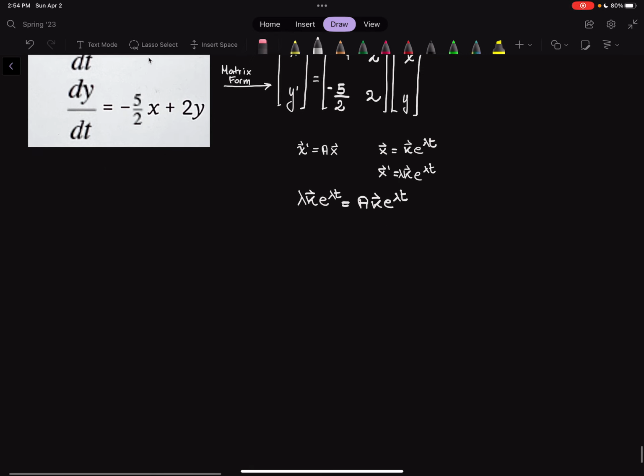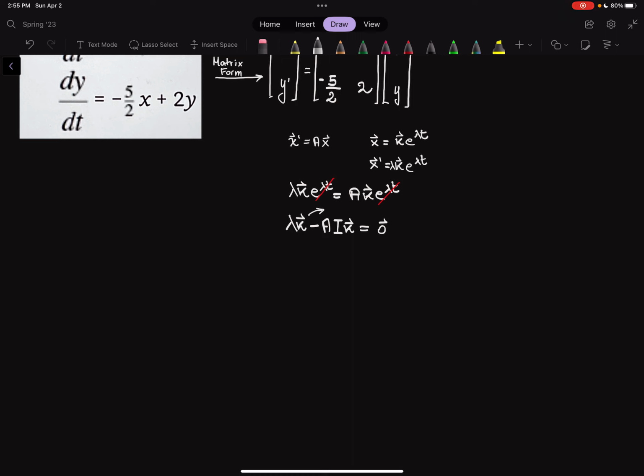Okay, so now I can divide both sides by this, and then I can subtract Ak from both sides of this equation. And I'm going to put the I matrix in here as well to make it compatible, because this is a matrix and this has to be a matrix. So now here we're going to have the 0 vector. We can factor out this k right here.